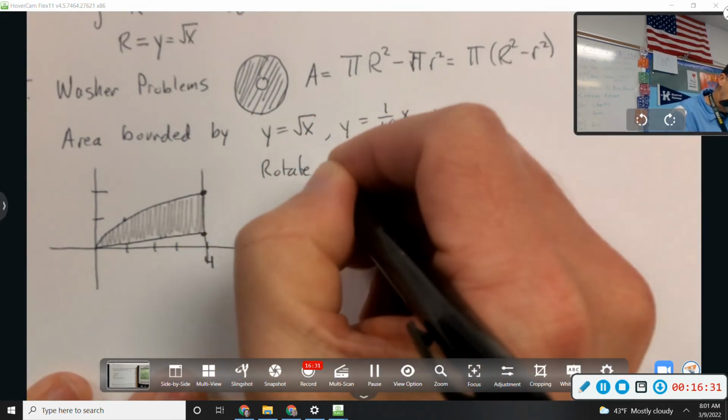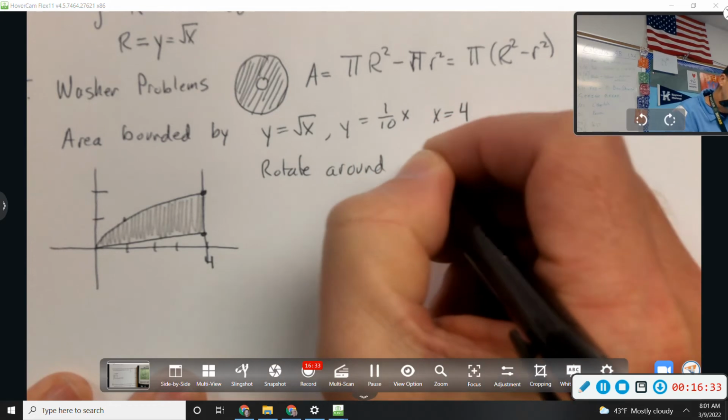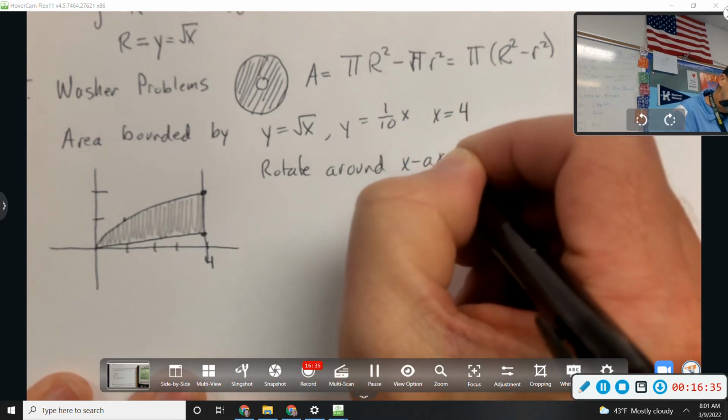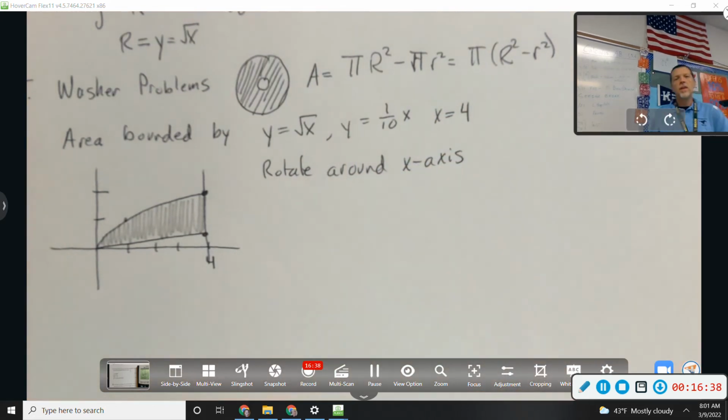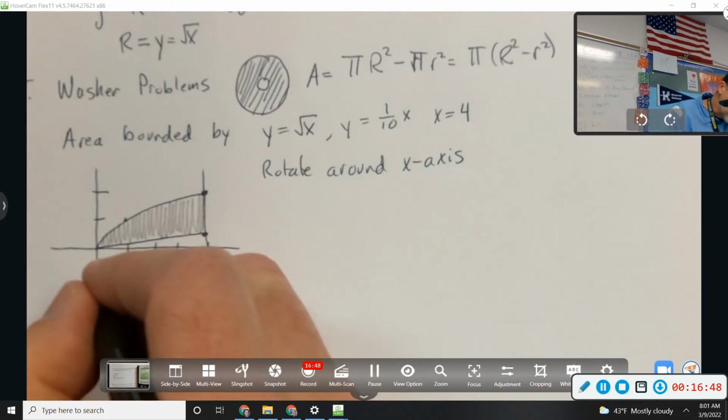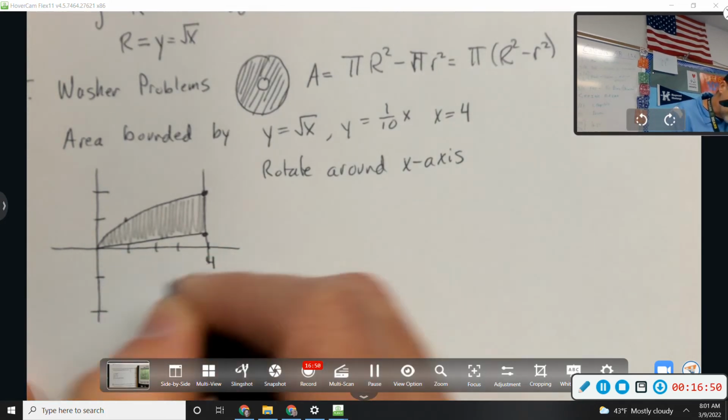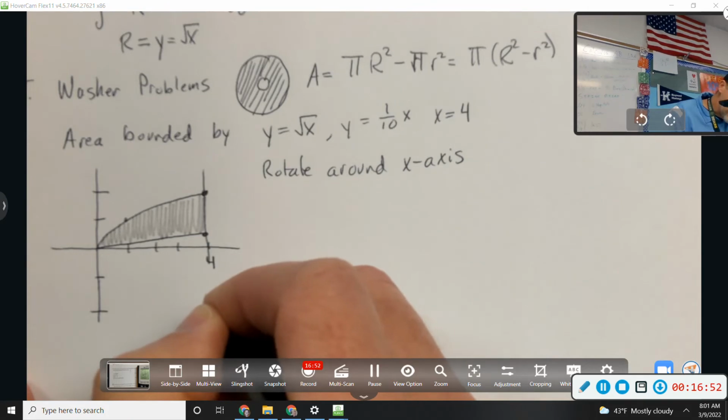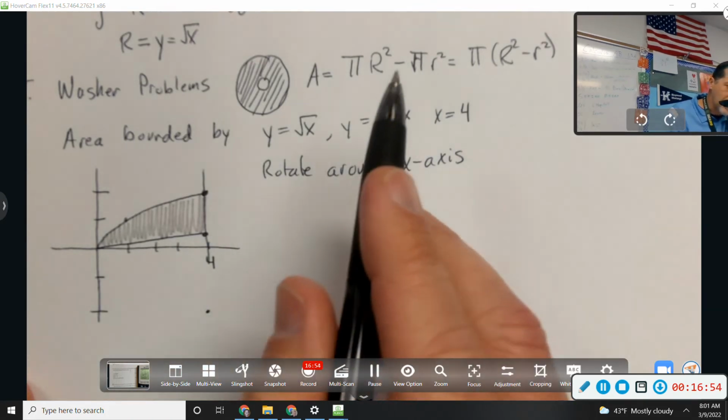And let's rotate around the x-axis. By the way, once we get going on these, we'll start rotating around all sorts of things, but the x-axis is probably the easiest thing to rotate around. All right, so thinking back through my hints, I'm going to reflect the area first.